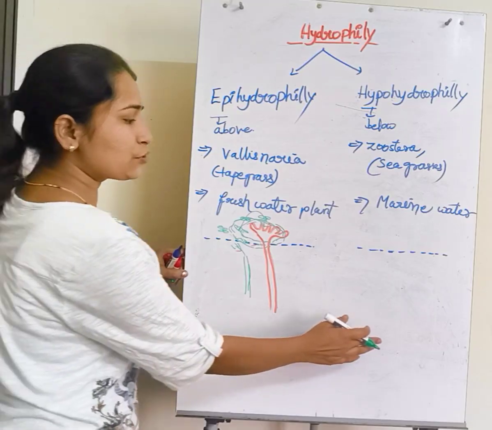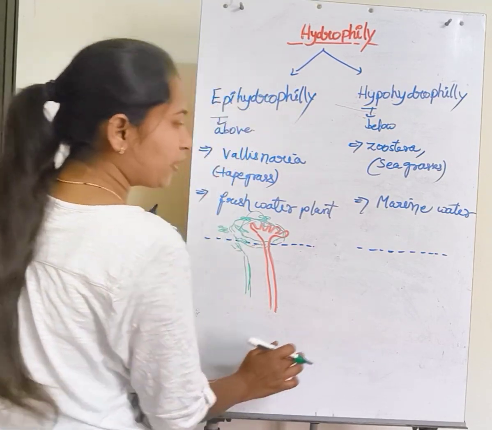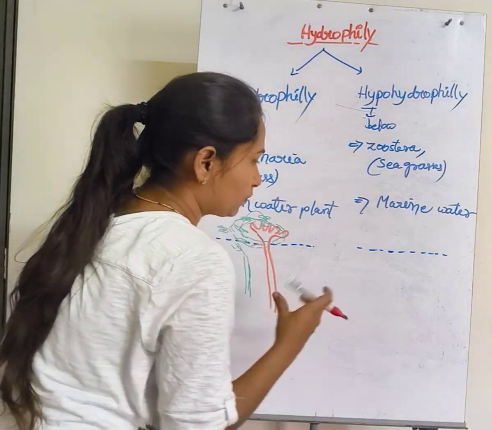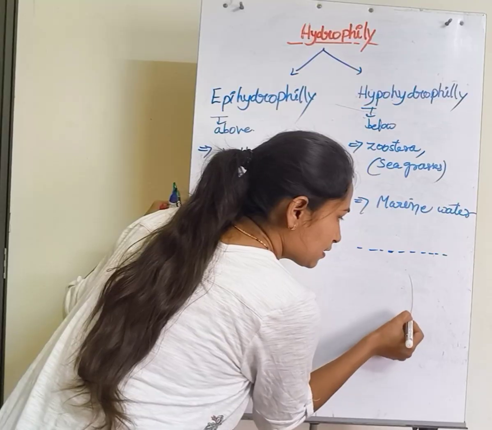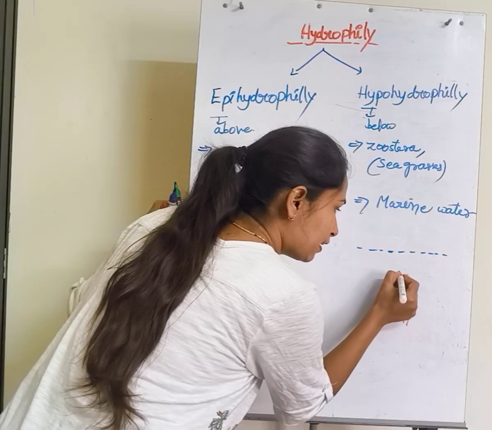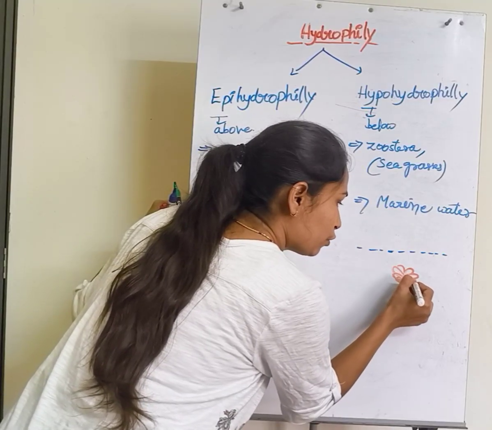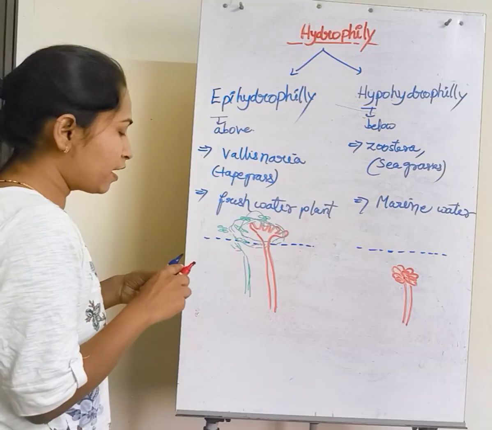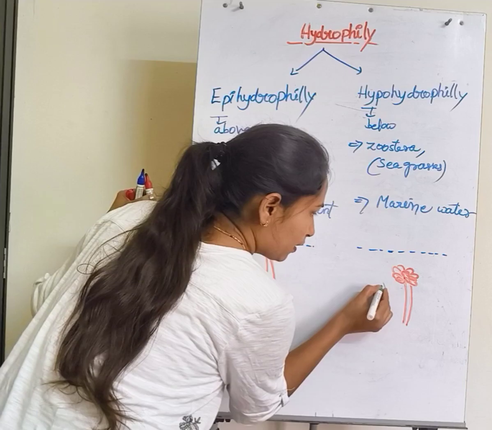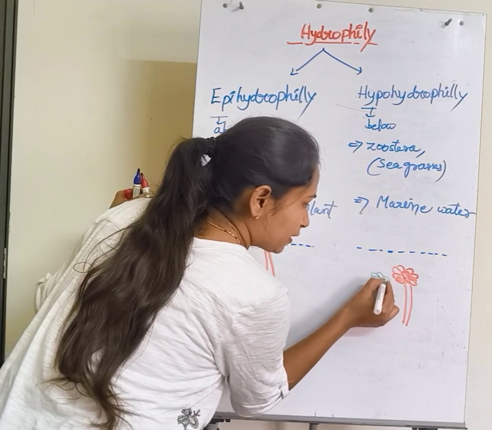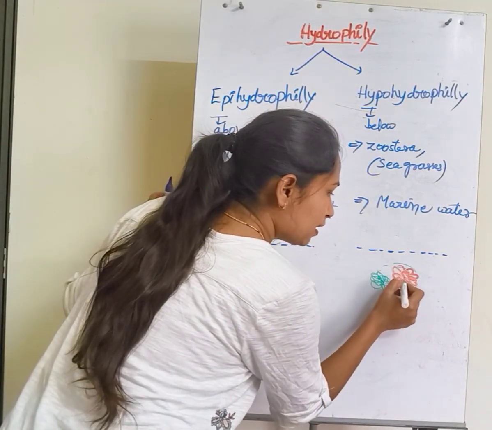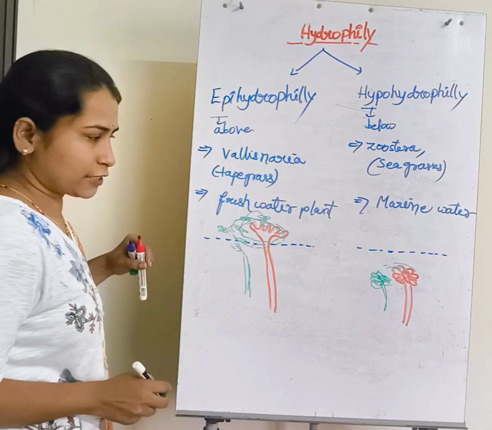And coming to hypohydrophily: here the flower is present below the water, submerged inside the water, and the male flower is also present inside the water only. Passively, with the help of water currents, the pollination takes place.